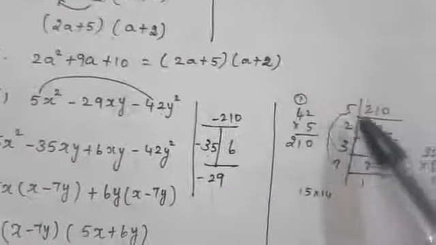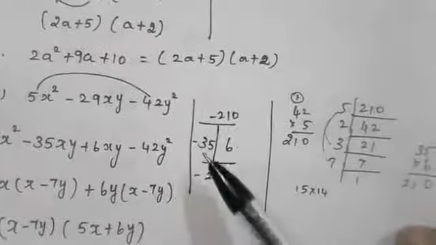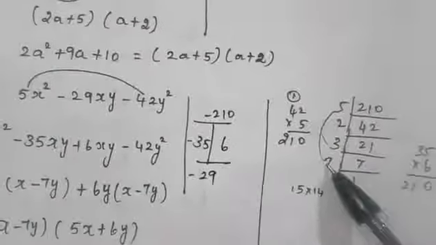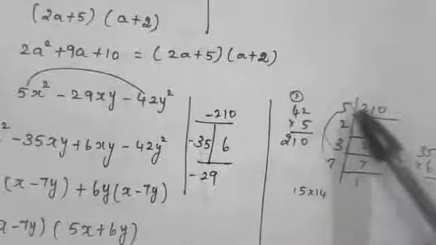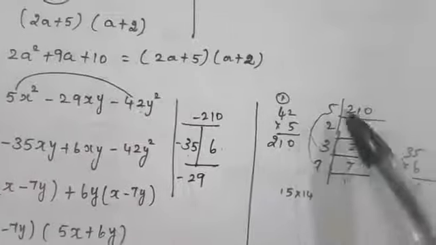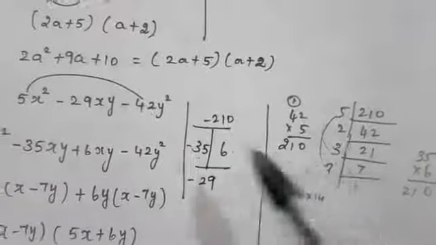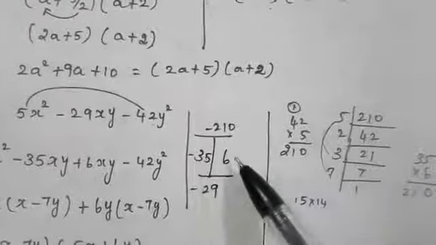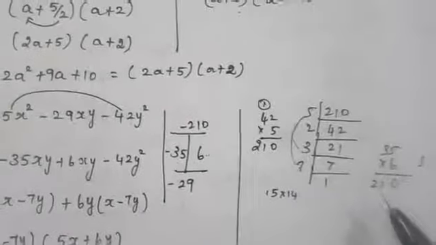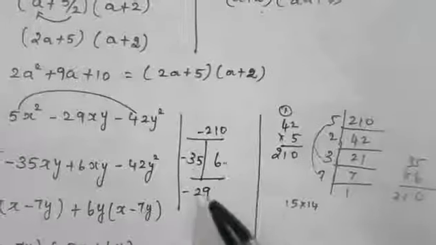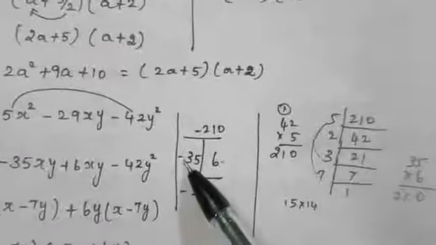Using these factors, you can get 5 into 2, 10 into 21, otherwise 6 into 35. You can make the factors in any order, then you easily get the product. I am considering 35 into 6, which is 210. Simplify these two. Here it is a minus, so the greatest number uses the minus.